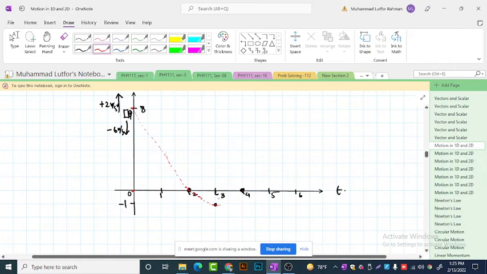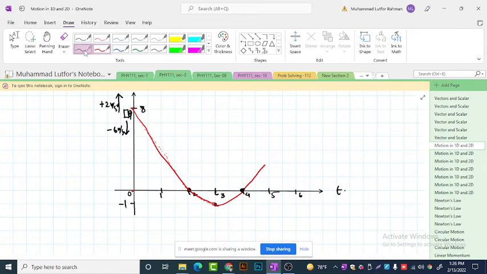Since velocity is 0 at t equal to 3 seconds, it changes direction from that point. So that is the trajectory of that particle, and that's how we can predict the trajectory of the particle.